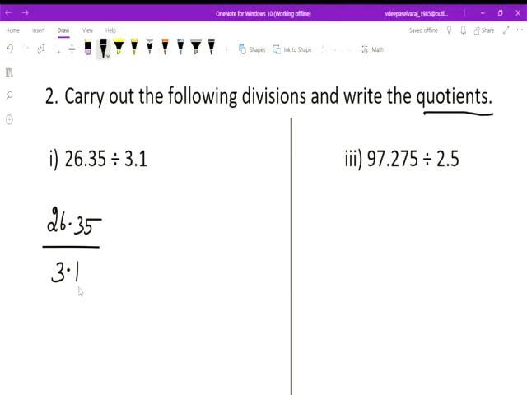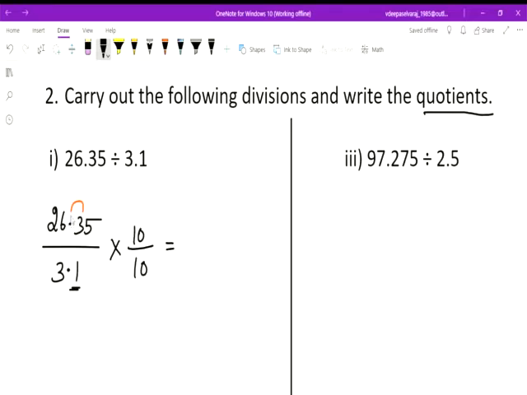So first we need to convert it into a whole number. How many decimal places are there? Only one decimal place. So we need to multiply by 10. While multiplying by 10, the decimal point will move one place to the right. So what will you get, children?